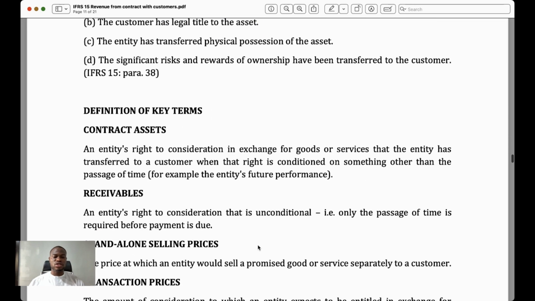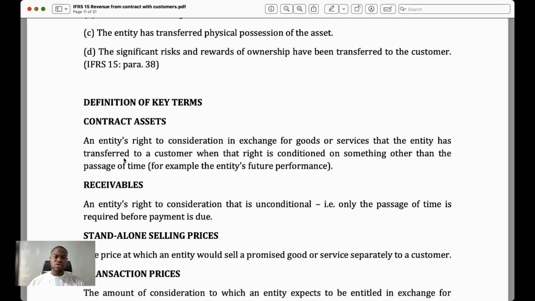Now, two terms I need you to note that I've not mentioned. One is contract assets, two is receivables. Let me start from receivables, which is common. When you sell goods to a customer and you have delivered or transferred the goods, but your right to consideration is unconditional, meaning that what is delaying your payment is just passage of time, then you would recognize revenue and the corresponding debit will be trade receivables.